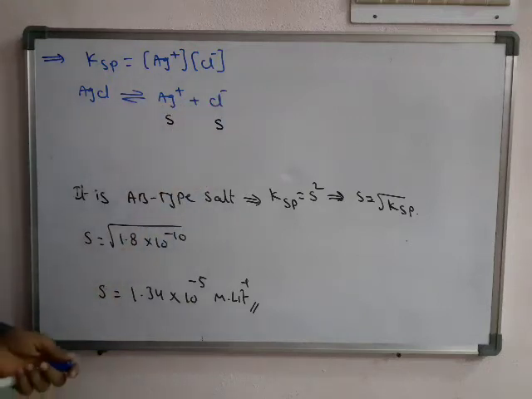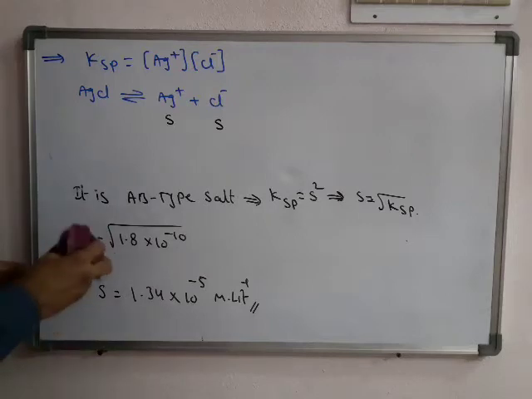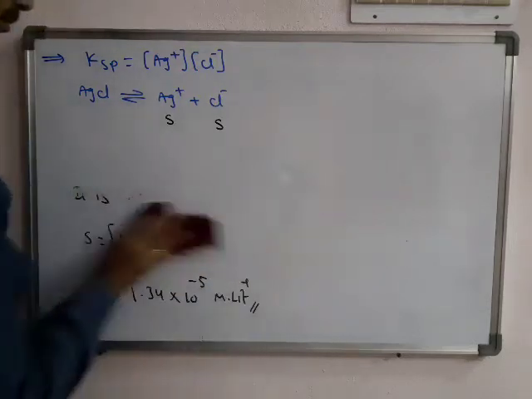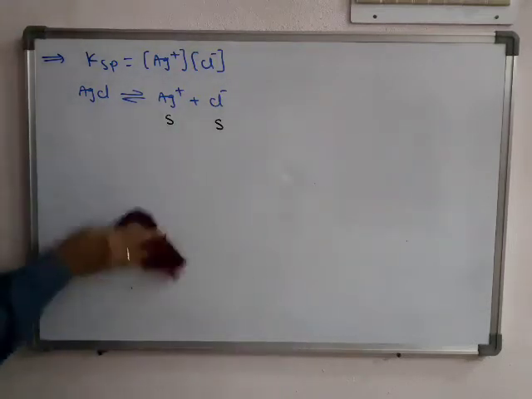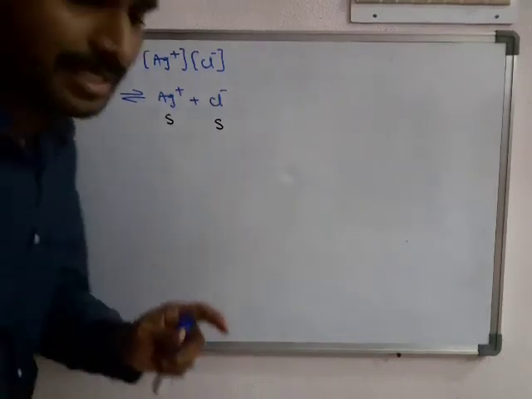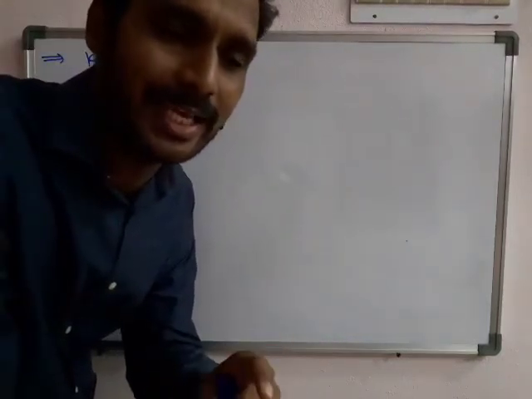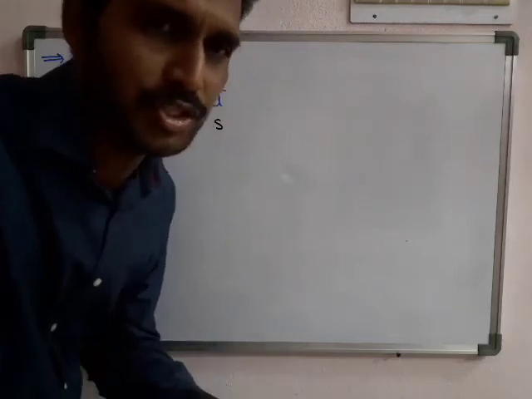Yes, it means the concentration of Ag plus ions and Cl minus ions are exactly equal because they are in 1:1 ratio.